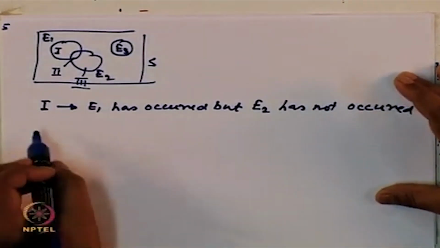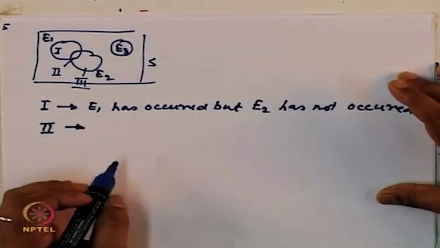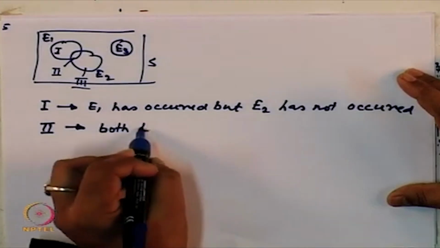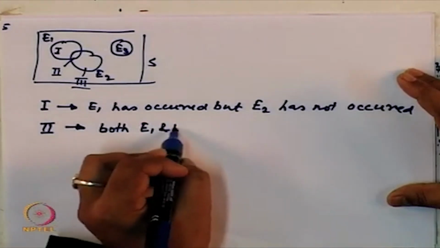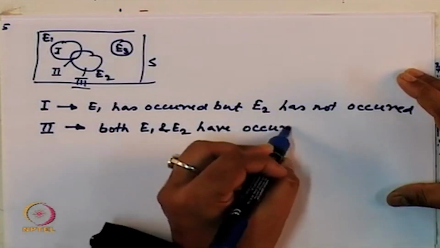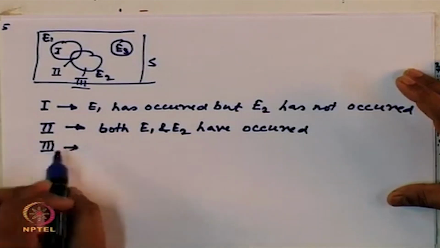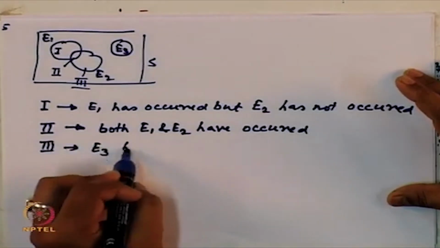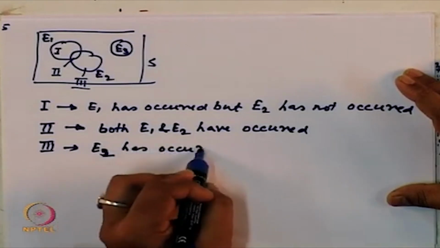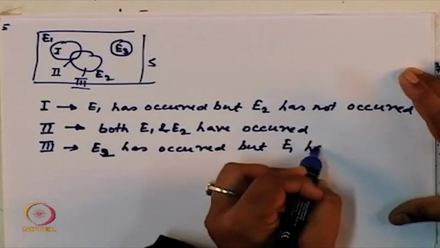In zone 2, both E1 and E2 have occurred. And similarly, in zone 3, E2 has occurred, but E1 has not occurred.